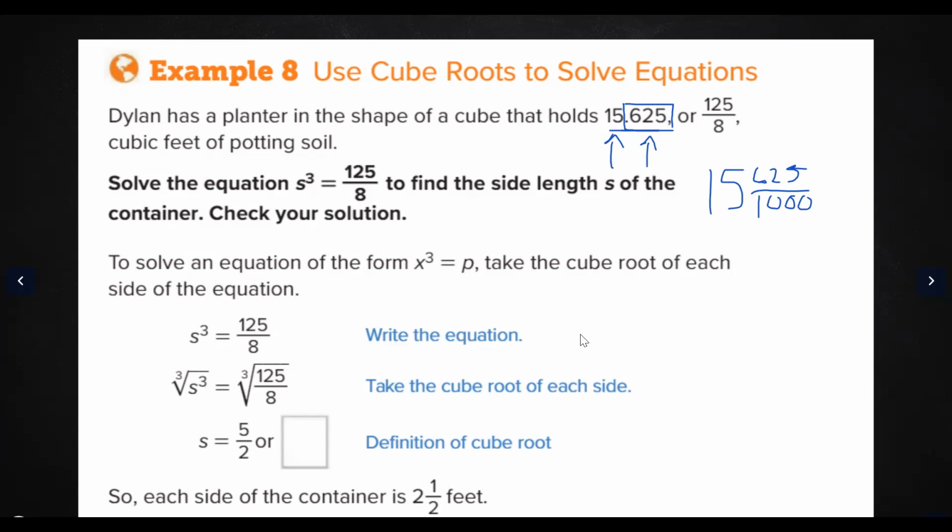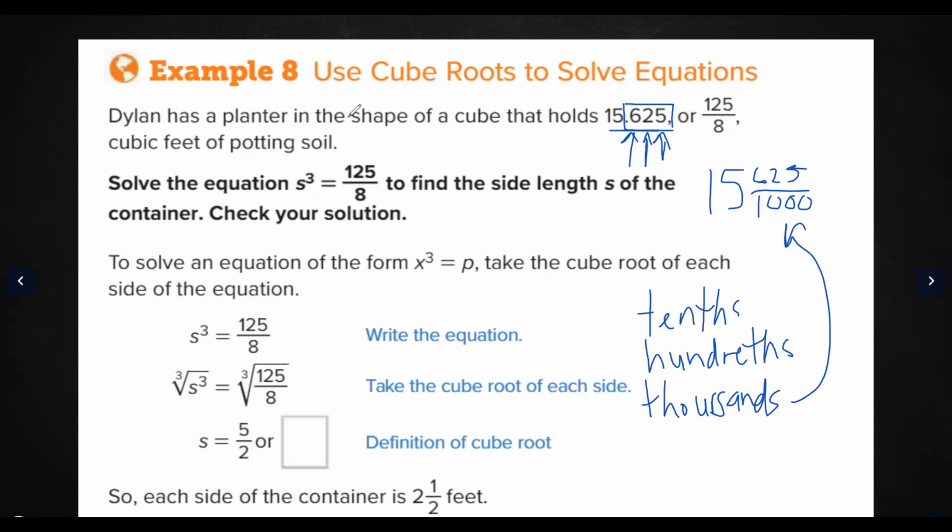Why 1,000? Because we call this one tenths. We call this one hundredths. And we call this one thousandths.